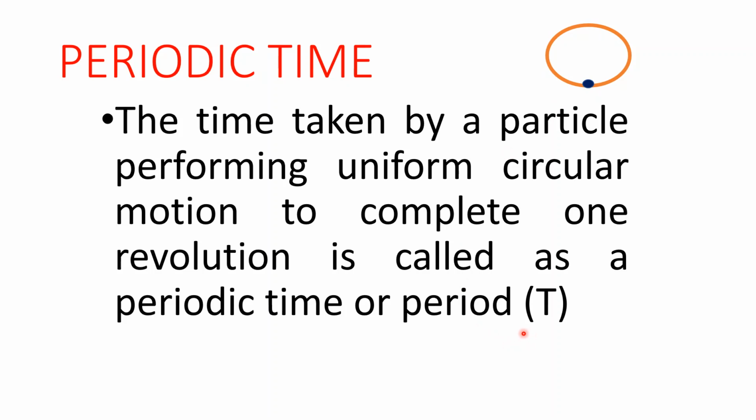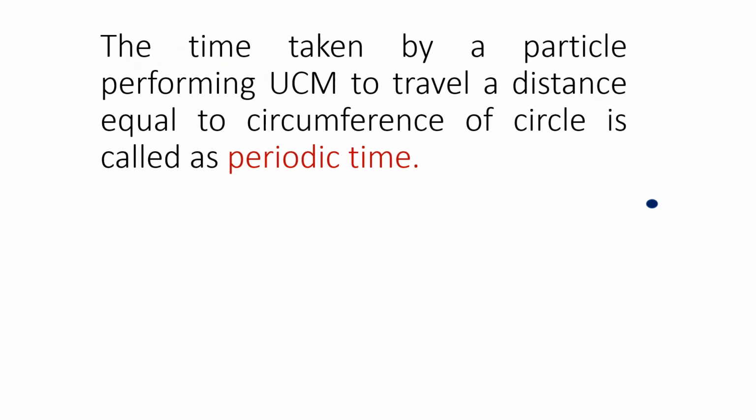The letter for the periodic time is capital P. Time taken by the particle performing a UCM, that is uniform circular motion, to travel a distance equal to the circumference of a circle is called periodic time. So here it completes one revolution, which is equal to the circumference of a circle.